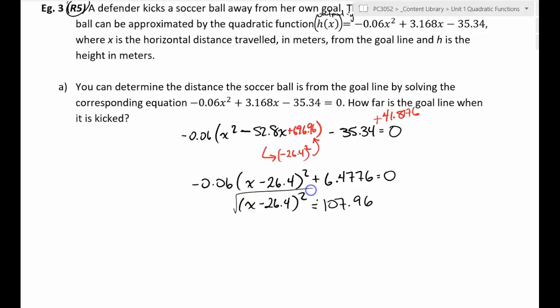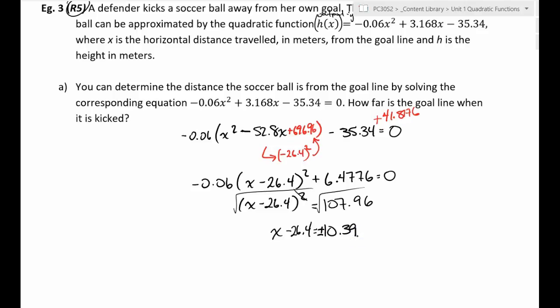I'm going to take the square root. That leaves me with x minus 26.4, and the square root of 107.96 is going to be 10.39. Just going to keep it at 2 decimals at this point.